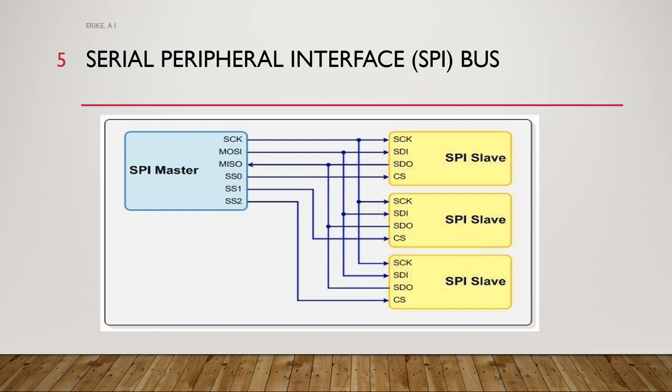Alright. Okay, so the SPI is a synchronous bidirectional full duplex 4-wire serial interface bus. SPI is a single master multi-slave system.